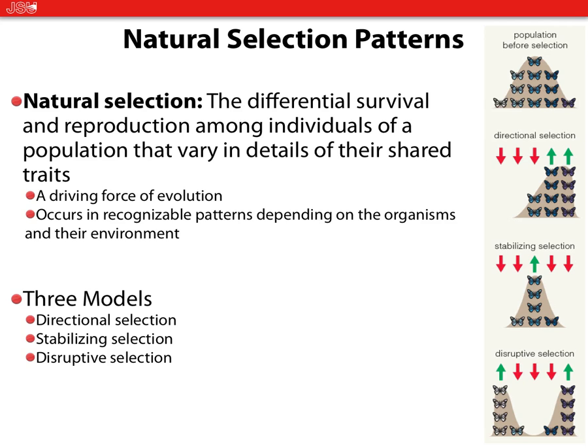Okay, so natural selection patterns. What's natural selection? You're choosing a particular allele, or you're choosing against another allele. It turns out that we have 3 models that we can choose an allele or choose against an allele: directional, stabilizing, and disruptive.